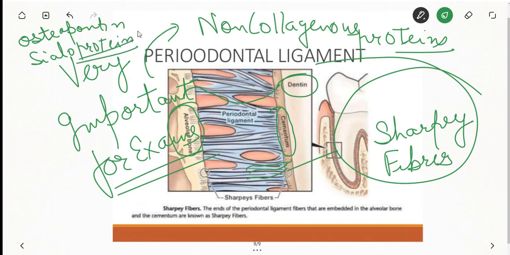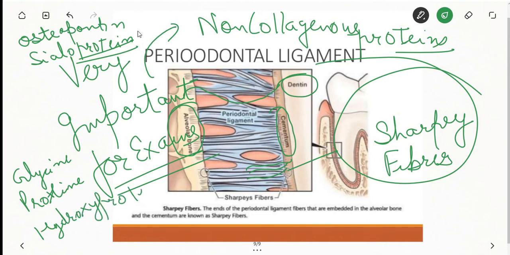Remember, collagen is a protein of different amino acids. Most important are glycine, proline and hydroxyproline, that constitute the collagen.